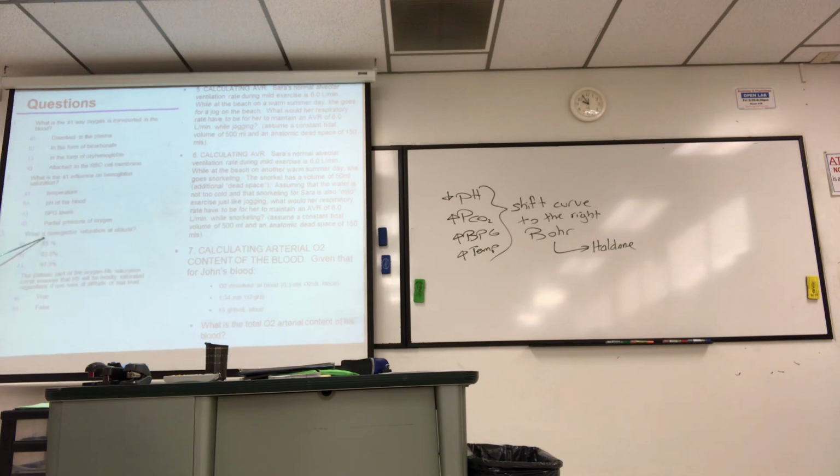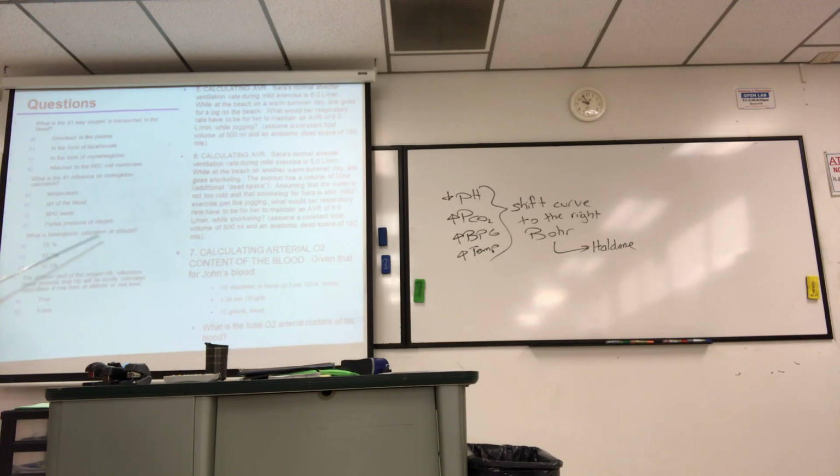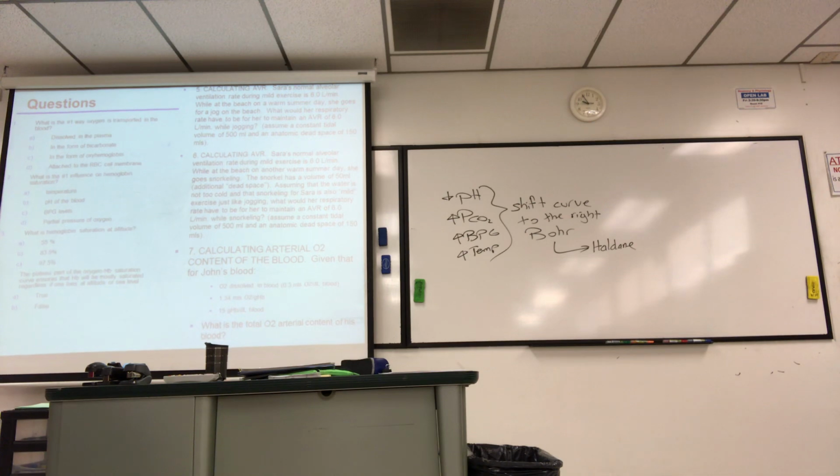Okay, what is hemoglobin saturation at altitude in the mountains? Of these three numbers, if you can read them. B is correct. That says 83.5%. The point of that was, even when you're breathing air that's a lot thinner, your hemoglobin is still pretty good at getting saturated.